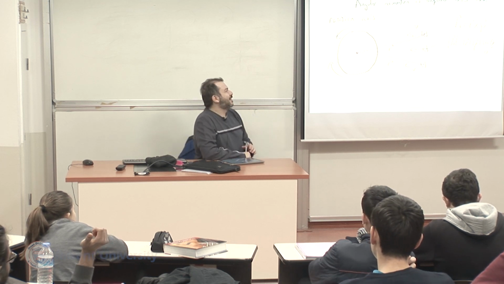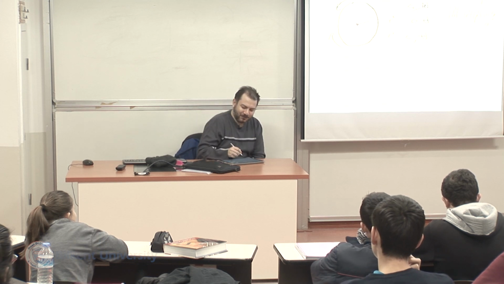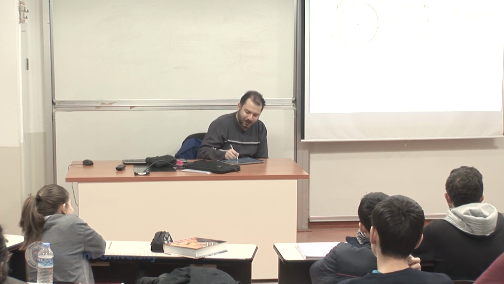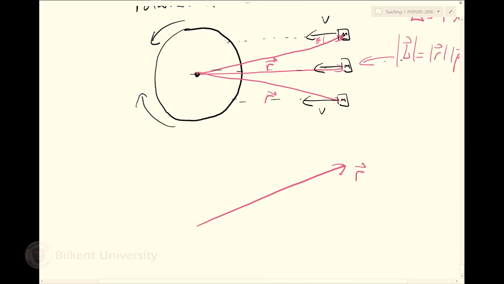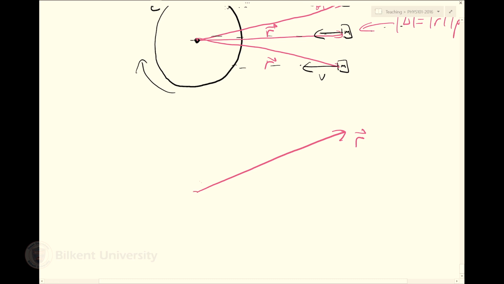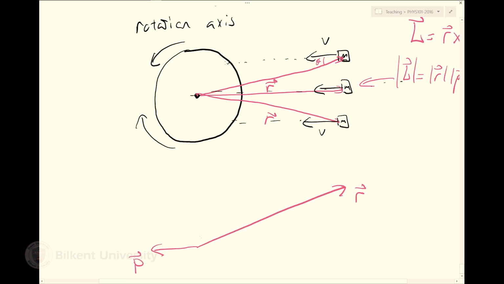Can you repeat this? No? Let's do R cross P once again. So for the first object, this is R. And this is P. Right? For the upper object. What was our rule for cross product? I take my 4 fingers, orient them along the first vector, R. So I still have the freedom to rotate my hand.